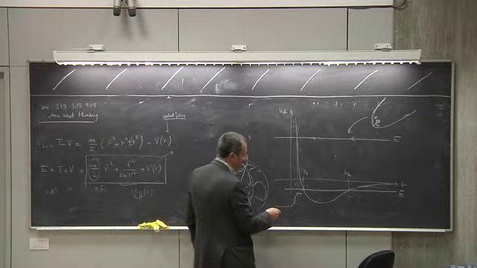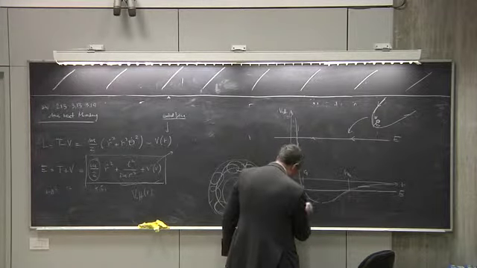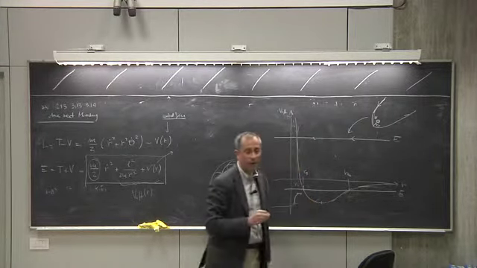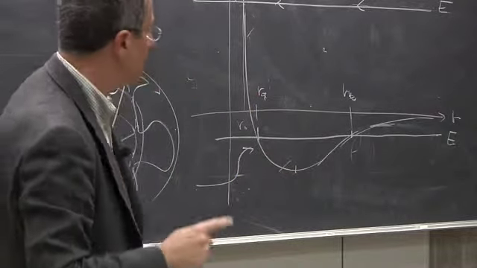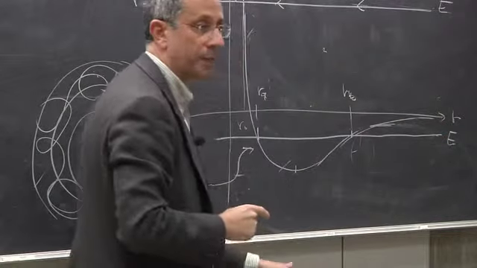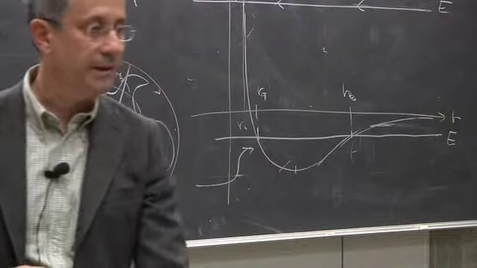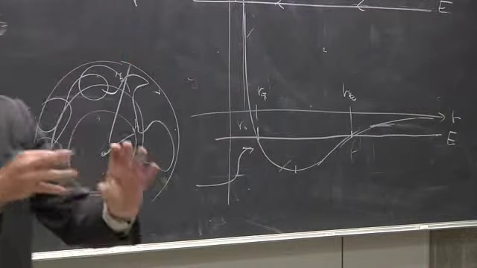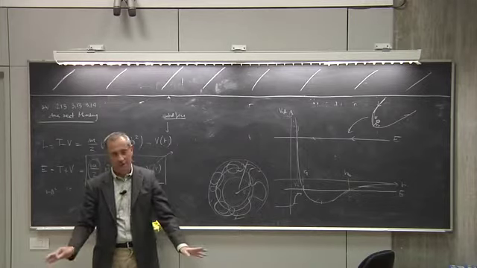In fact, there is a final case: what happens if the energy is exactly, I mean, here there is a minimum somewhere, right? That's the nice thing about this effective potential. If you just look at the Kepler potential, you don't have a minimum. And this is another way of saying that you fall on the sun, no matter what. It's an attractive potential, an attractive force, and you end up there.